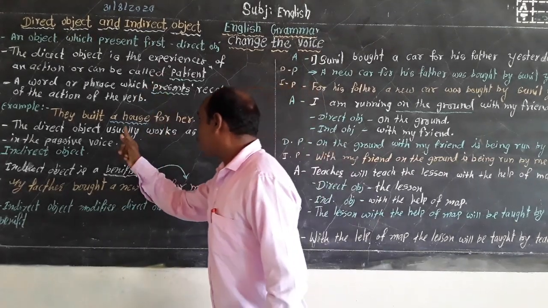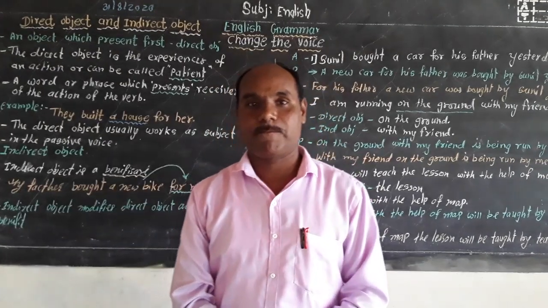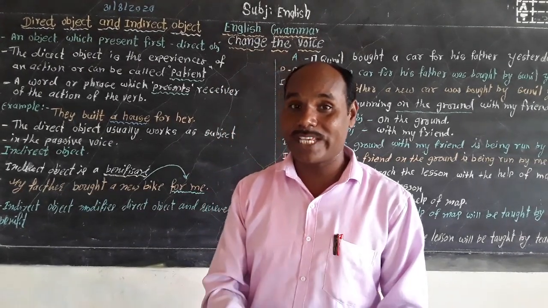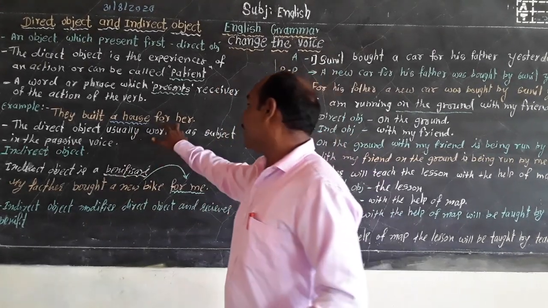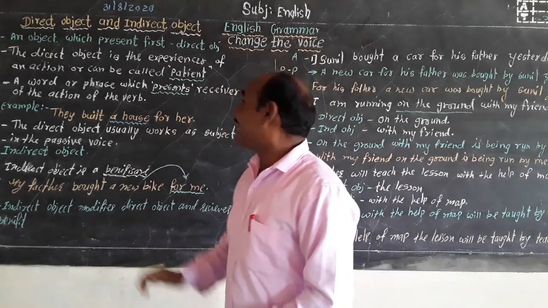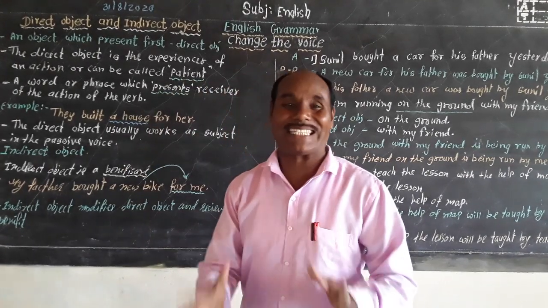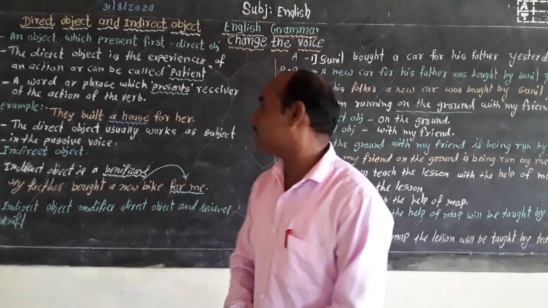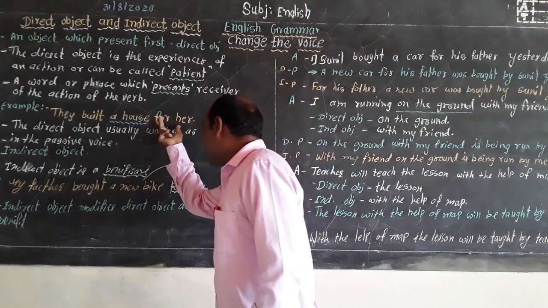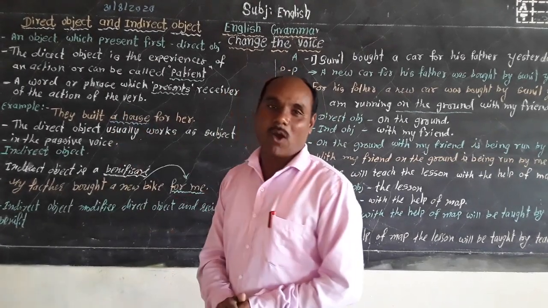That means it provides the benefit to the indirect object. The direct object benefits the indirect object. That's why this object is also known as the patient object. It experiences, and it gets the benefits of the direct object.